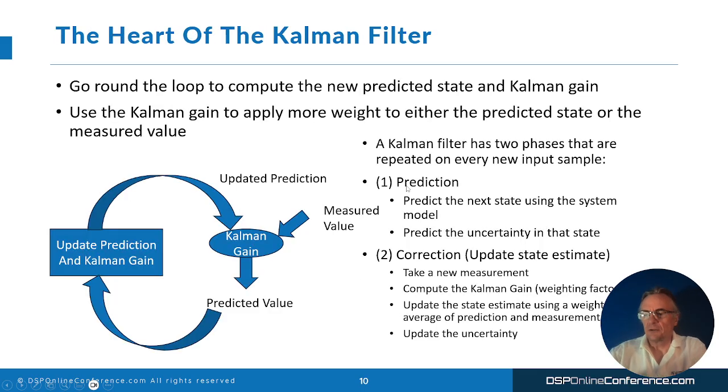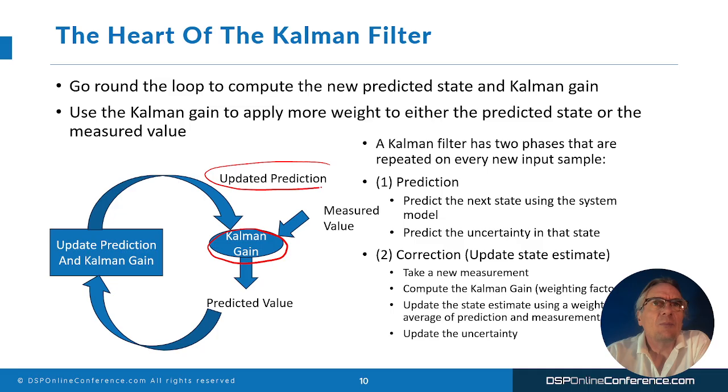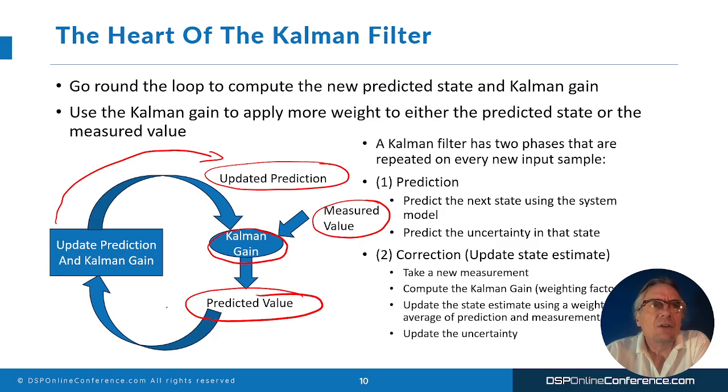Okay, so here's the loop. We have our Kalman gain in the middle, and our two inputs to this computation are the prediction from the previous time round the loop and our measured input value. We use these combined with the Kalman gain to give us our new predicted value, which then goes back around the loop to be used again.